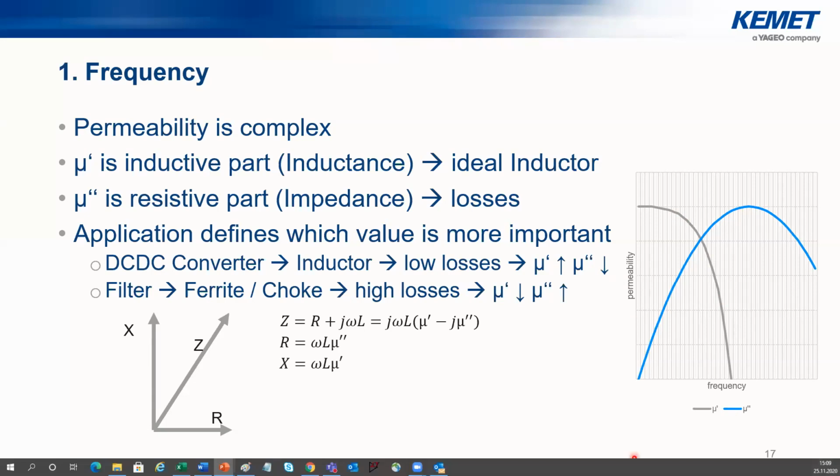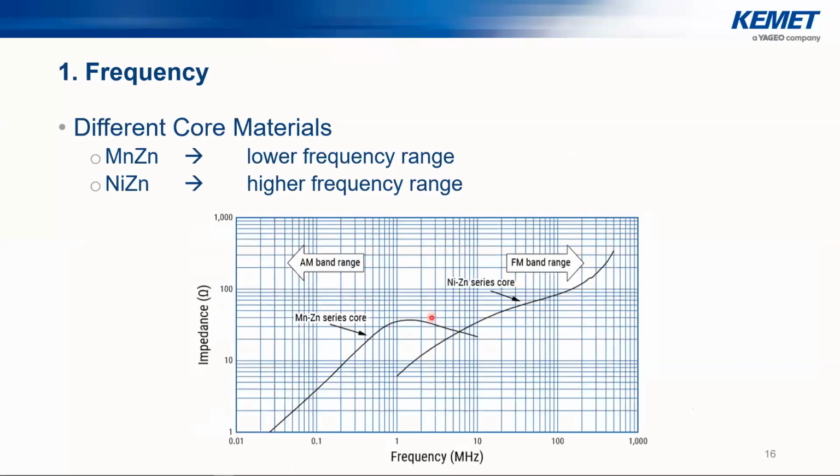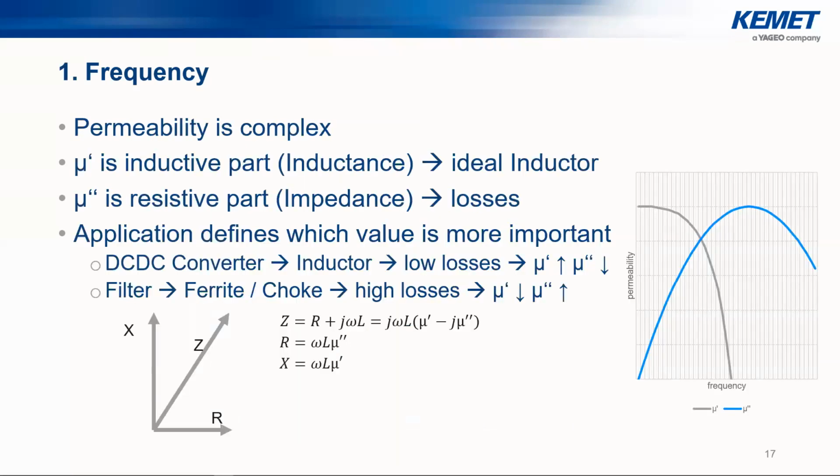By remembering, I will now go one slide back. By remembering that we have here the manganese core, at this point, the losses might be already too high. So for something in the megahertz range, it might be better to use nickel zinc material. So always keep that in mind when you choose a component by its material.